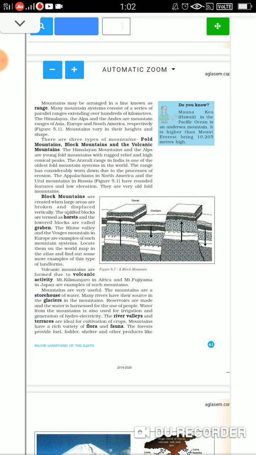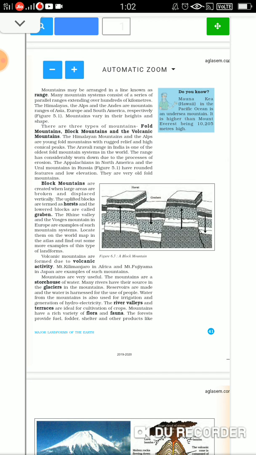Every mountain system consists of several parallel ranges, extending hundreds of kilometers. The Himalayas, Alps and Andes are the mountain ranges of Asia, Europe and South America respectively.